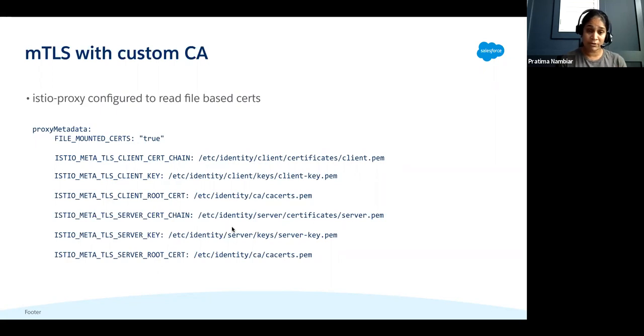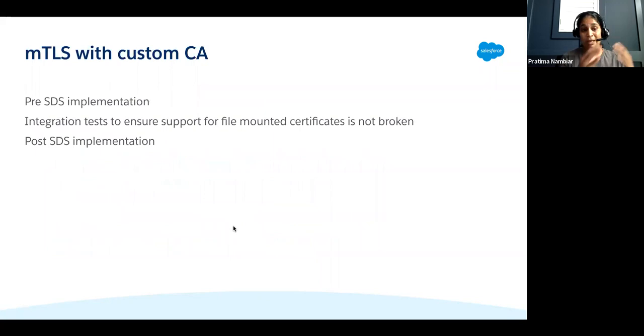So this is our first contribution to Istio, which not only did we do that first PR to actually make it work, but over time, as Istio's features related to MTLS and how we manage certs changed, we have evolved this custom CA integration so that we can ensure that it continues to work for us.